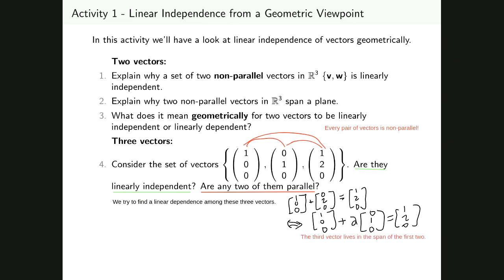Okay, so let's just make a note of that. That's going to become relevant for us in a moment. I also want to rewrite this as a linear combination that adds up to 0. Our usual format for linear dependence is that we have to add up to 0.